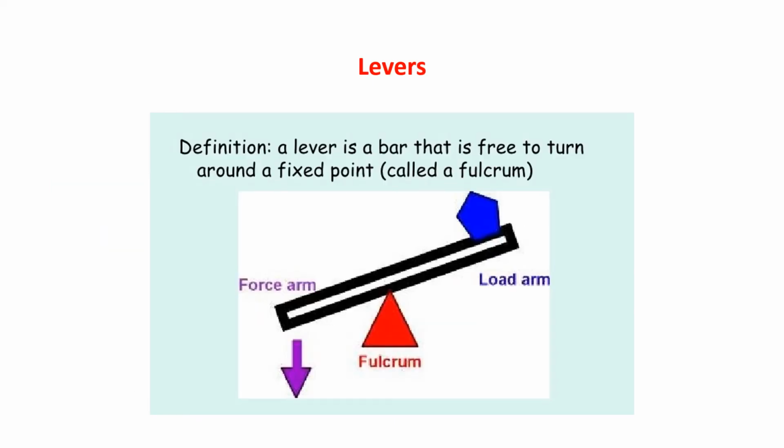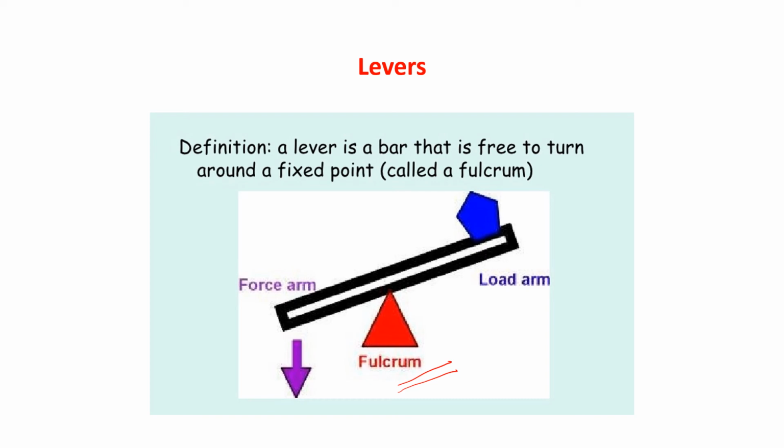Now, a very brief discussion about levers. A lever is a bar that is free to turn around a fixed point. That fixed point is known as the fulcrum. On one side, the load is applied, and on the other side, the force is given.